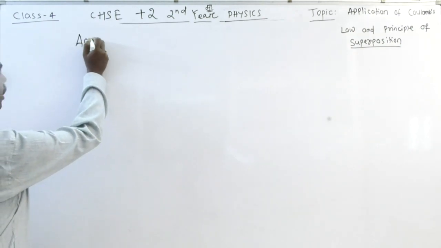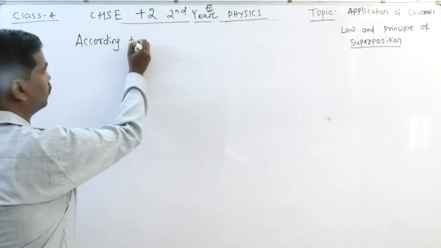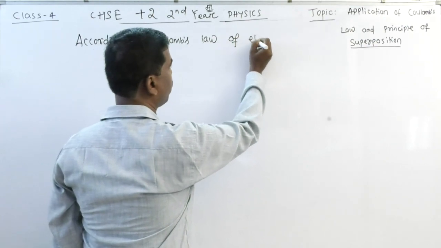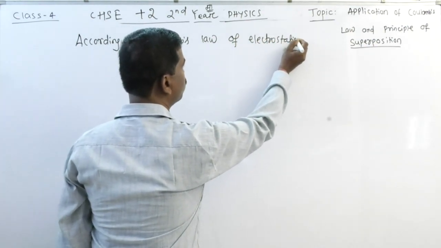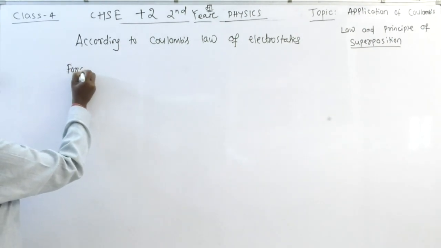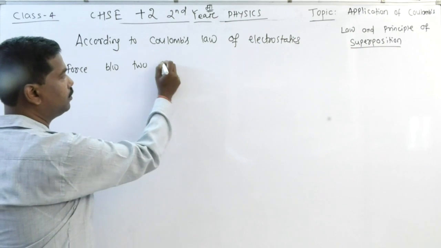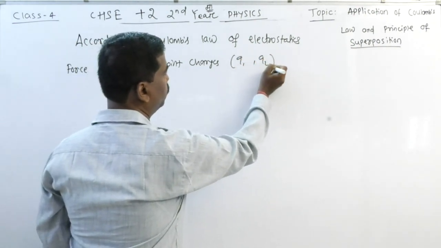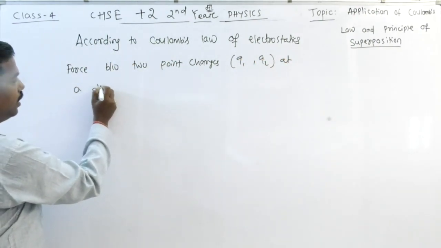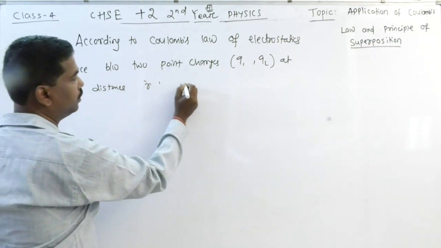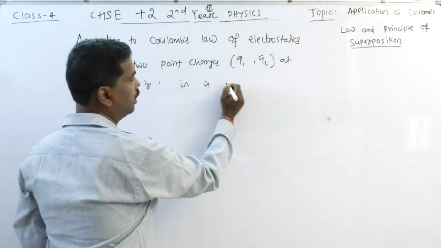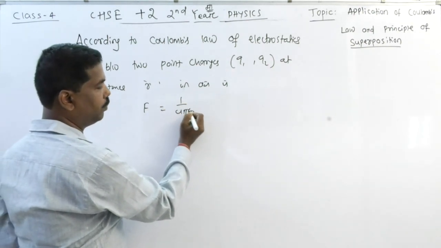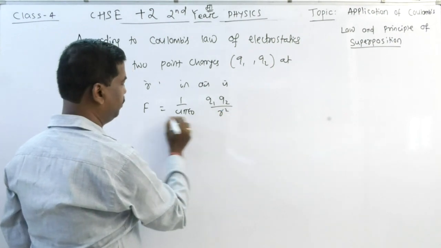According to Coulomb's law of electrostatics, the force between 2 point charges Q1 and Q2 at a distance r in air is F is equal to 1 by 4 pi epsilon 0 Q1 Q2 by r square.